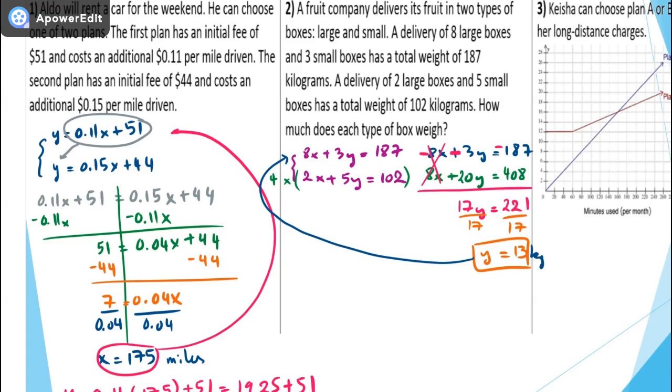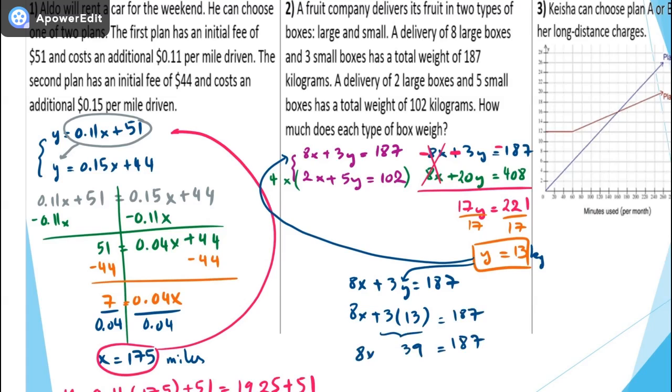We're going to plug into the first equation, 8x plus 3y equal to 187. We're going to plug in y as 13. 3 times 13 will give me 39, so 8x plus 39 equal to 187. To solve for x, you're going to subtract 39 on both sides.